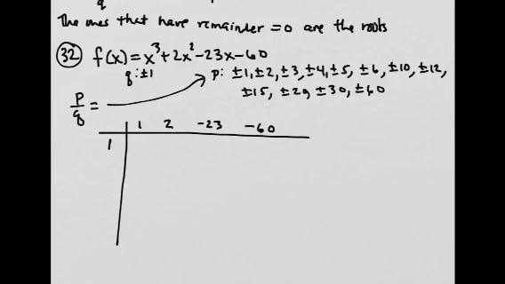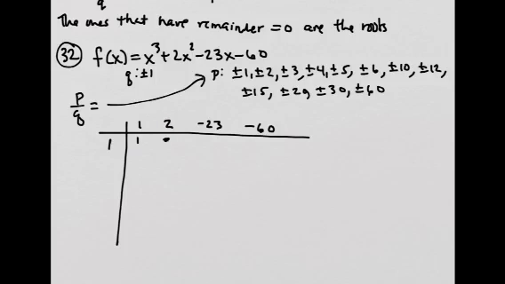Alright, since we don't know how many of these numbers we have to go through, and there's a lot, I'm going to go ahead and use synthetic division, set it up this way like I showed you in class the other day. Instead of doing them individually, we're going to just make one table with all the synthetic divisions in one table. So you bring down the 1 from the top, and then you do 1 times 1 is 1, but in your head you add 1 plus 2, okay?